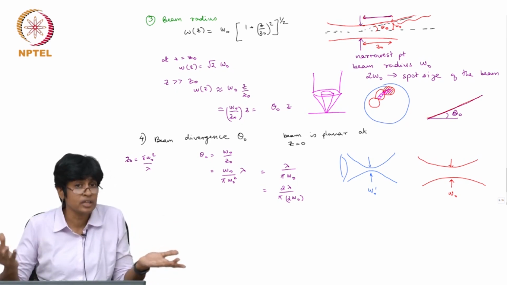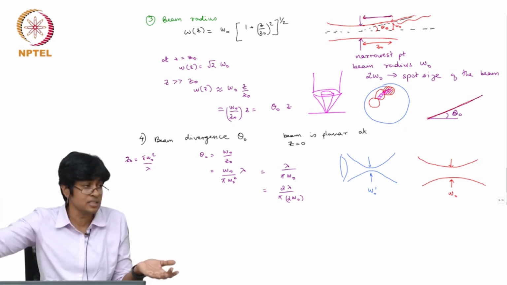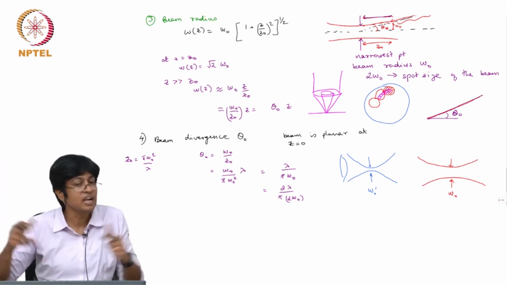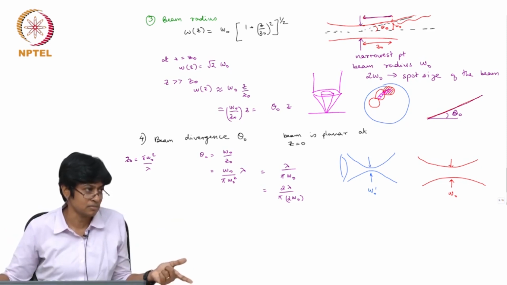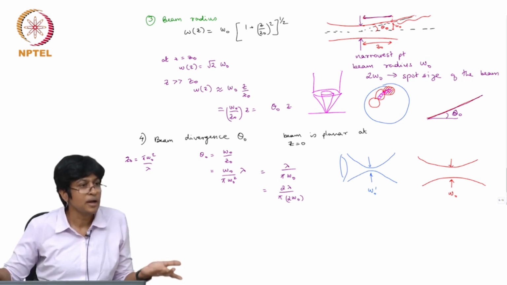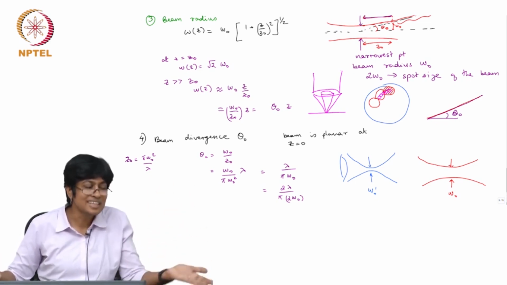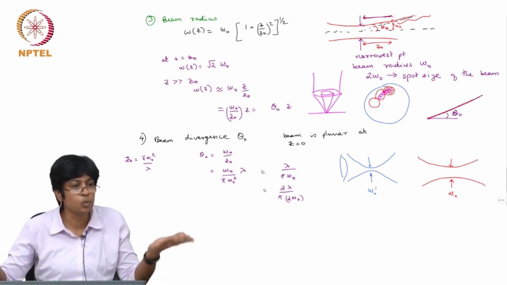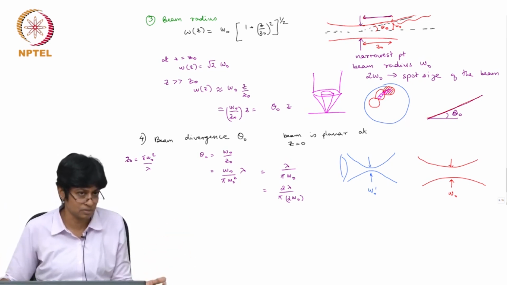So there I have a trade-off. I have a finite sized reflector, so I want a small spot, but I have a large distance of travel. So then you have to see what is the divergence and the beam size. I have to manage them so they both come to acceptable values.